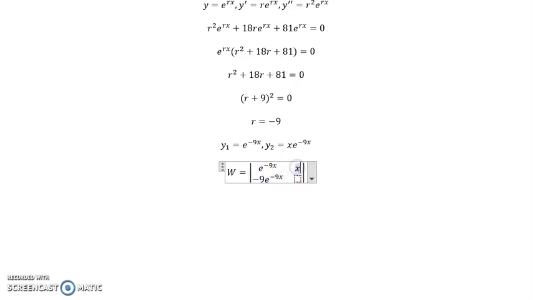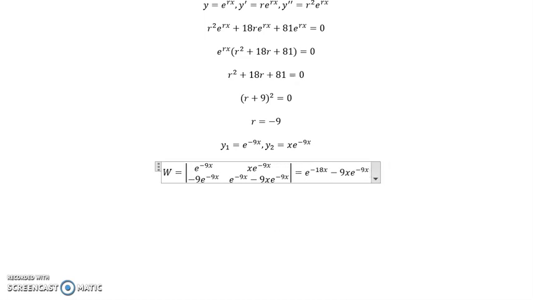And then this one is x e to the negative 9x. And the derivative of this requires the product rule. So e to the negative 9x minus 9x e to the negative 9x. So derivative of x is 1. Copy the second function. The derivative of e to the negative 9x is negative 9 e to the negative 9x times the first function, x.